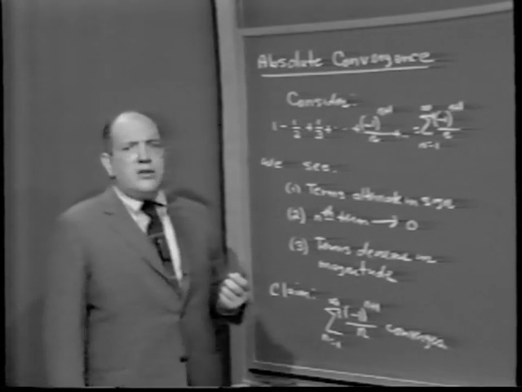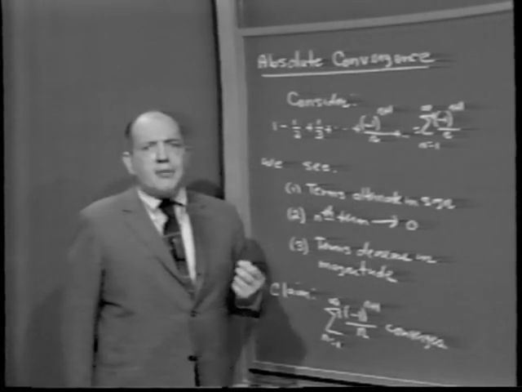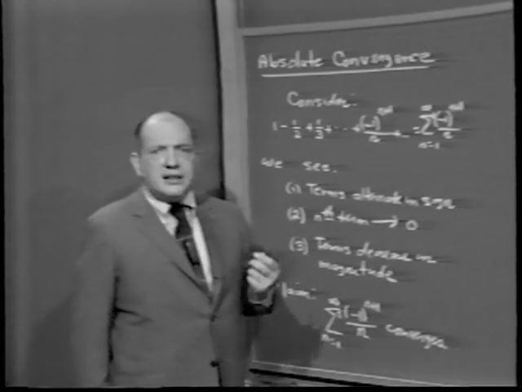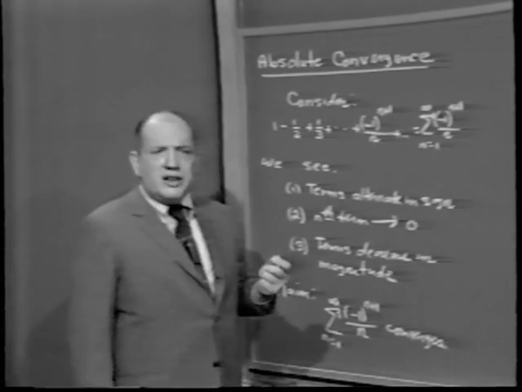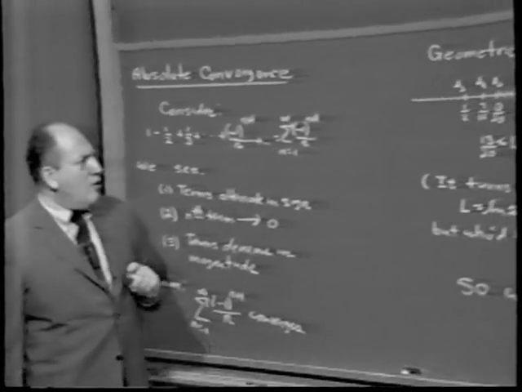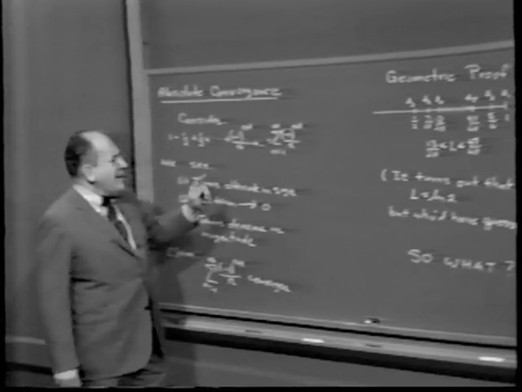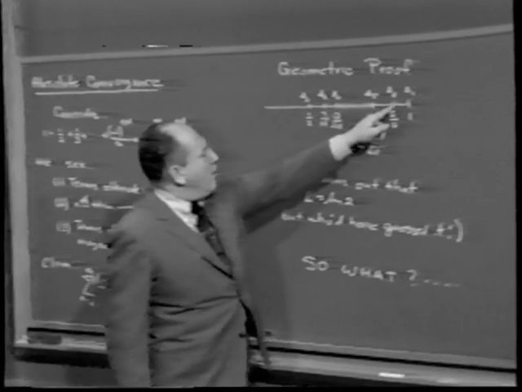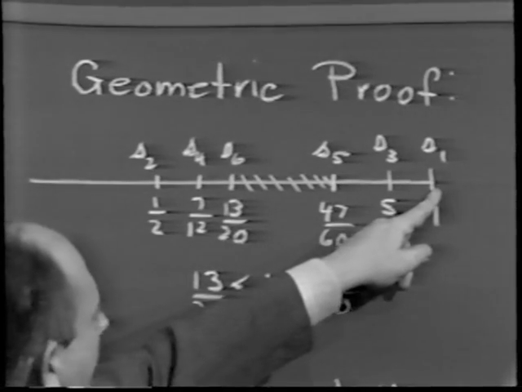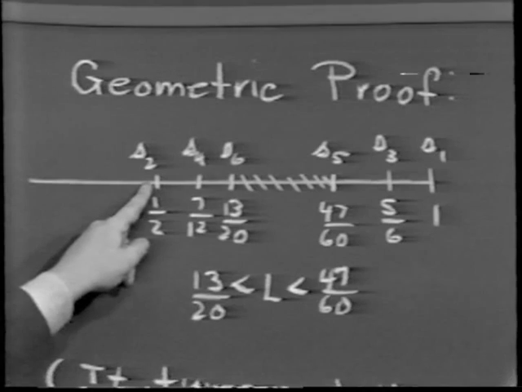And the way I'm going to do that is geometrically. I'm not going to try to prove this analytically, but as I've said before, the analytic proof is virtually just an abstraction of what we're doing over here. Let's take a look and see what happens. Notice that our first term is 1. Our next term is a half.